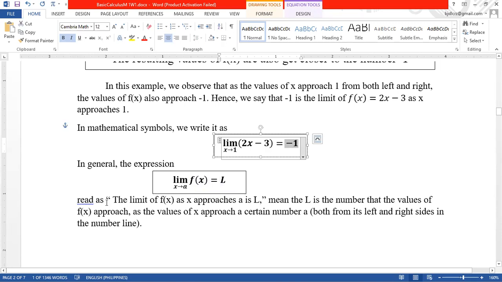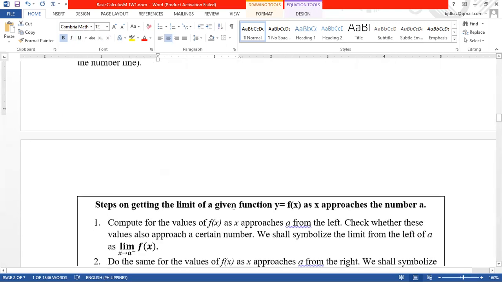So it is read as the limit of f of x as x approaches to a is equal to L. Meaning the L is the number that the values of f of x approach as the values of x approach a certain number, both from its left and right sides of the number line.